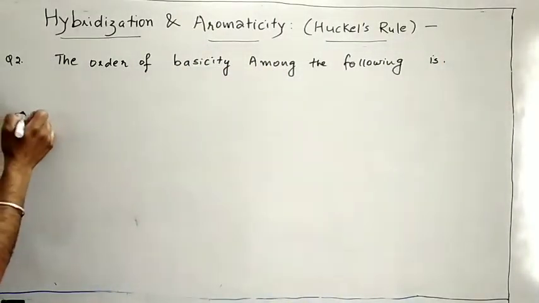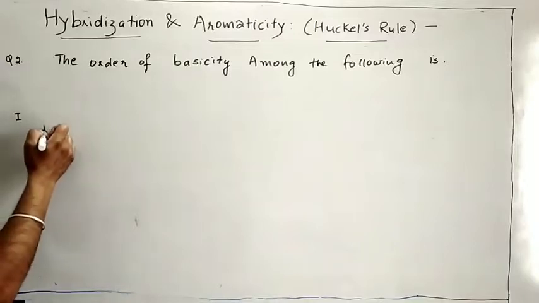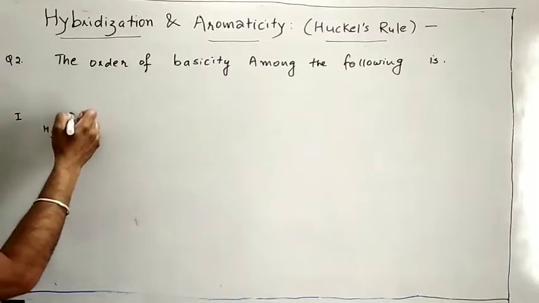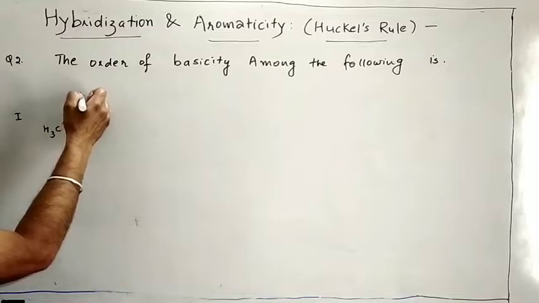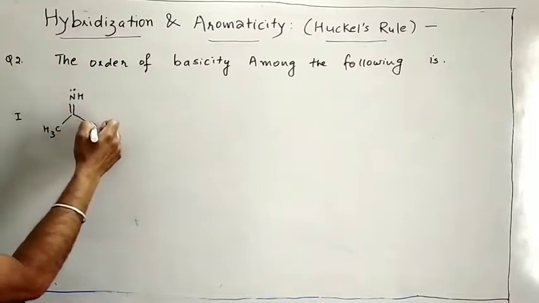Number 1 is CH3 with a double bond, having a lone pair of electrons, and here is NH2.